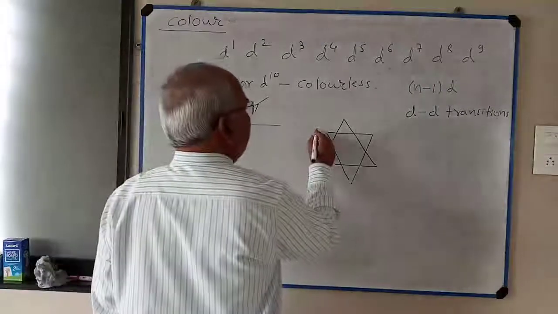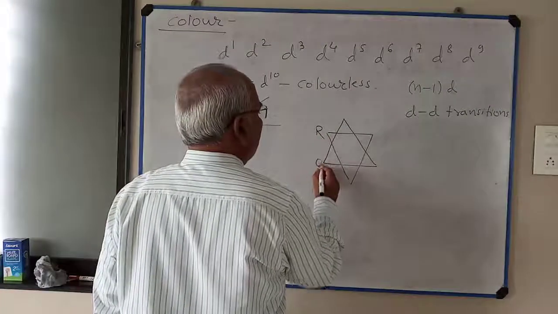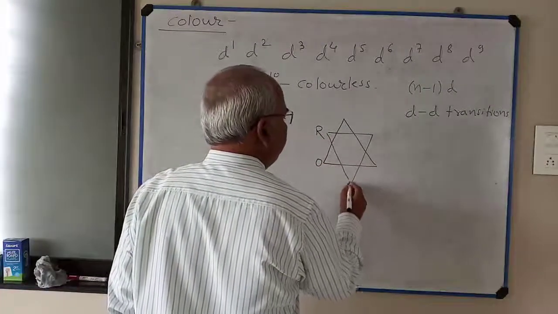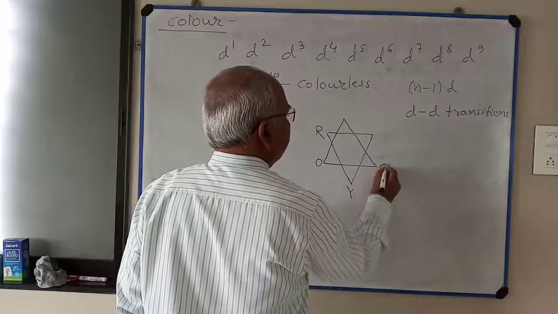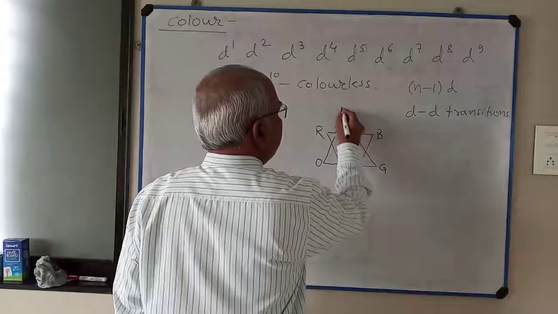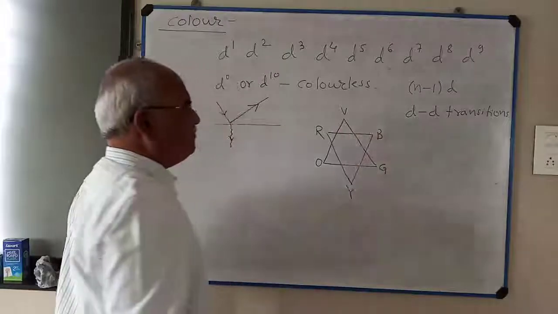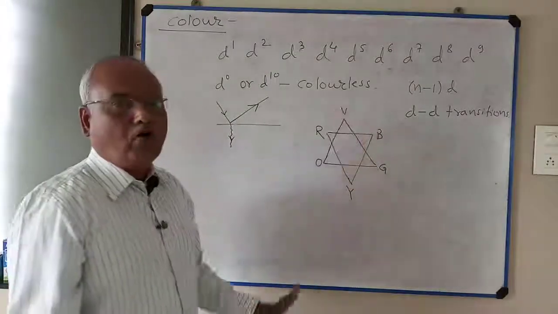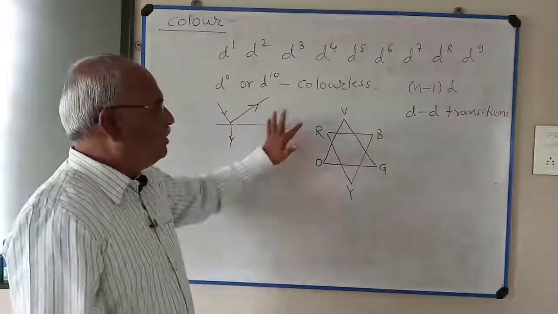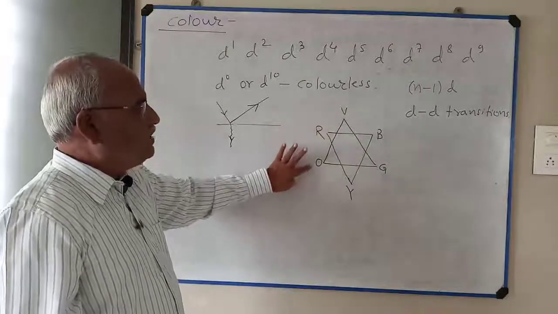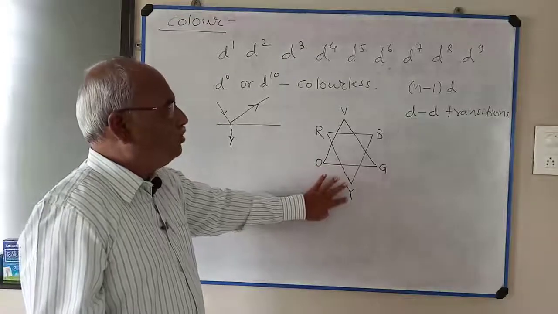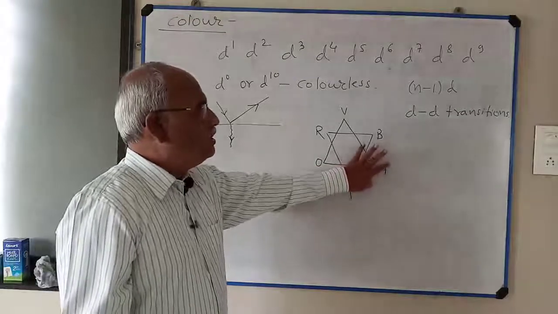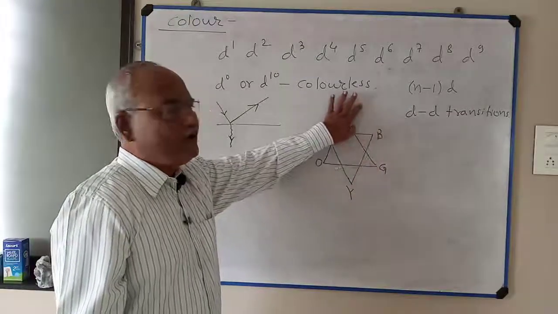Here is R, O, Y, G, B and V. Remember, like Roy GBV: red, orange, yellow, green, blue, violet.